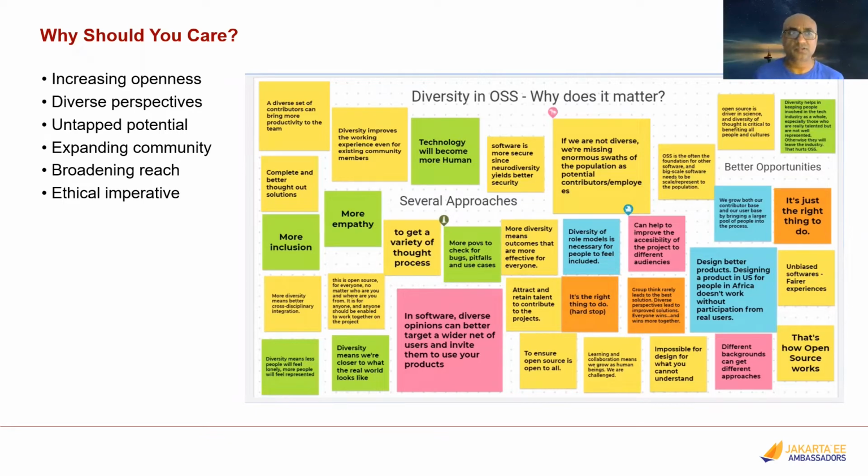And that brings us to our next point, which is untapped potential, right? Not only will you not get input from these folks, you also won't be able to get participation from them. You won't be able to get those contributions. And oftentimes, I'll be honest with you, people outside of our normal range of North America and Europe, in places like Asia or Africa, if you could engage those people, you actually get very good output out of them, right?